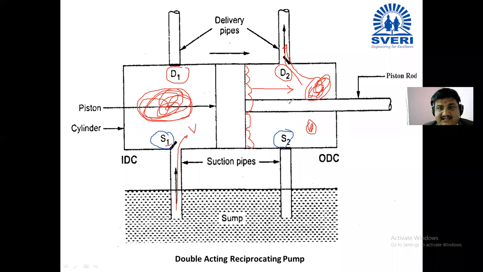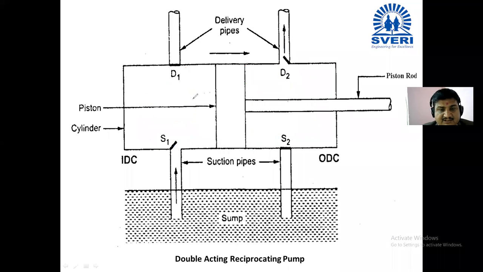In the second half of the revolution, your piston will move from the right direction to the left direction. Understand? Right direction to left direction. Piston आगे की तरफ मूव होगा.